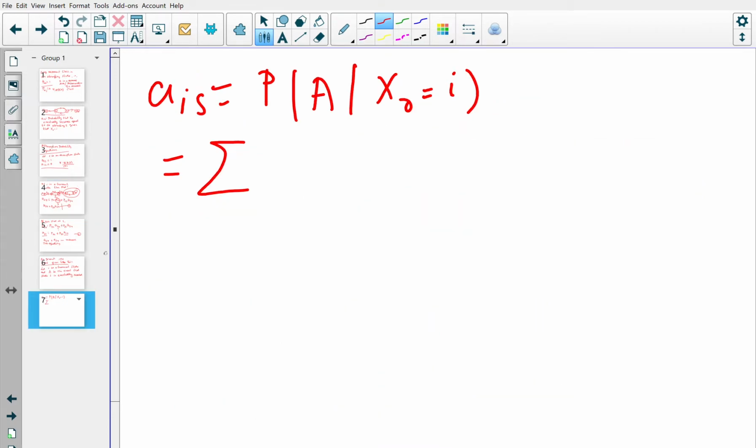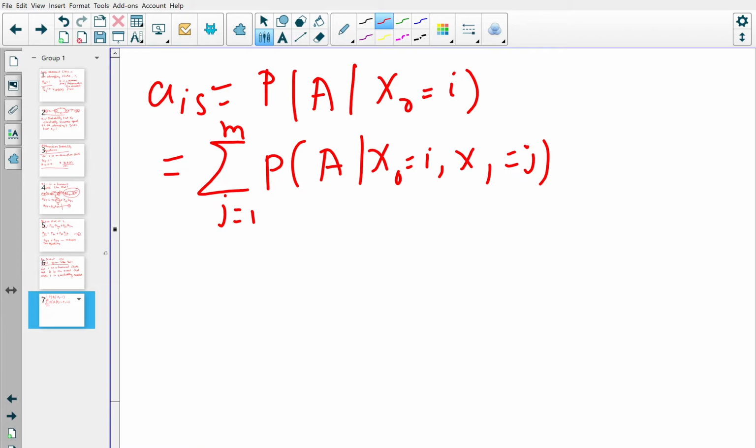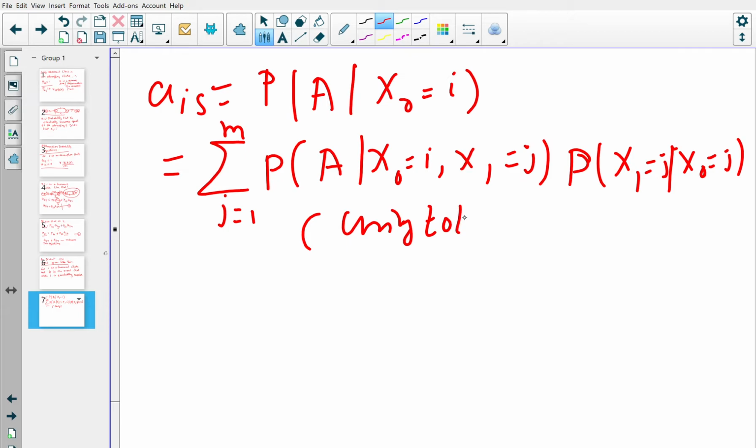Same thing here, you can go to any j-th state from i, and then you can write this probability as the probability of A given X0 equal to i and X1 equal to j, times the probability that X1 equals j. So you can write this probability as a sum over these probabilities. This is using the total probability theorem.